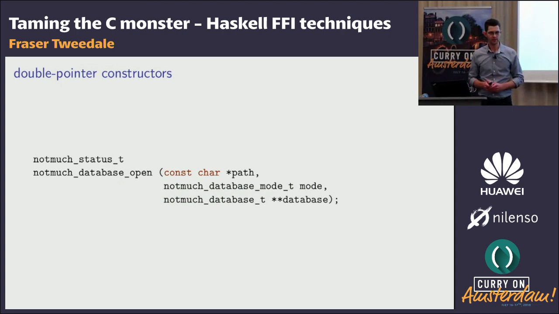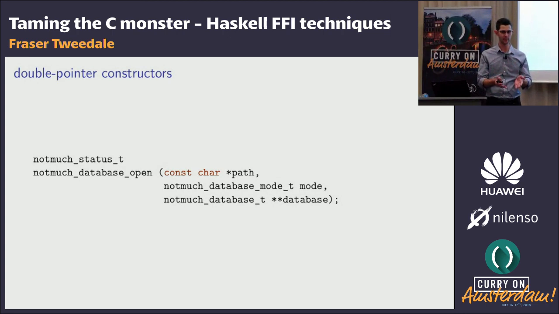C libraries, particularly those that use opaque pointers, often use what's called a double pointer construction for a constructor. So I call the constructor function. The return type is a status code, and one of the arguments to the constructor is a double pointer.